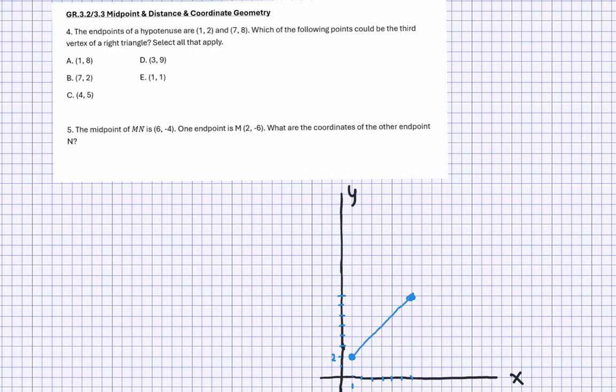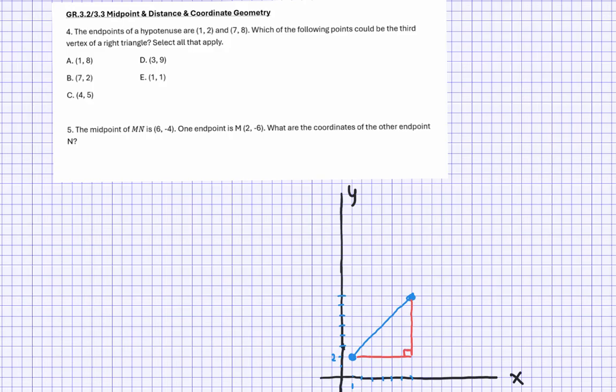So what we learned in class is that we could make a right triangle out of that. So I'm going to connect the sides to make a right triangle. I'm going to do a horizontal leg that goes just far enough and a vertical leg that goes just far enough, and it makes a right triangle with the right angle down here.